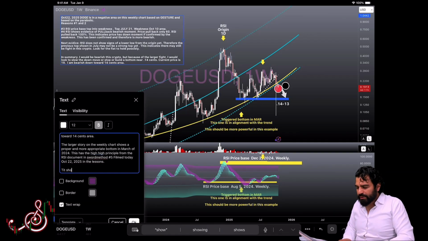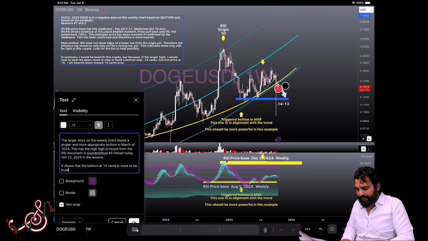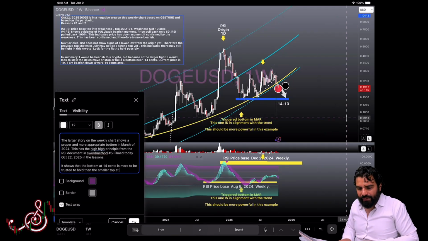It shows that the bottom at 14 cents is more to be trusted to hold than the smaller top at 28 cents.